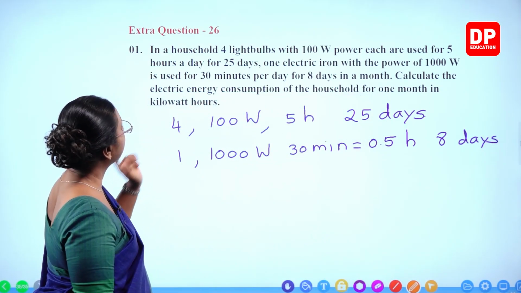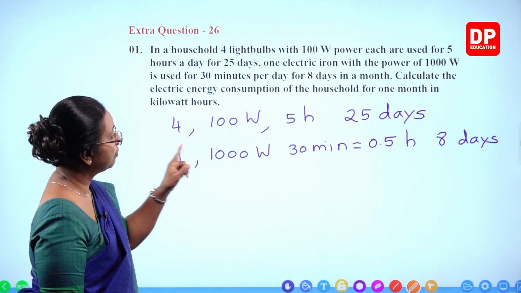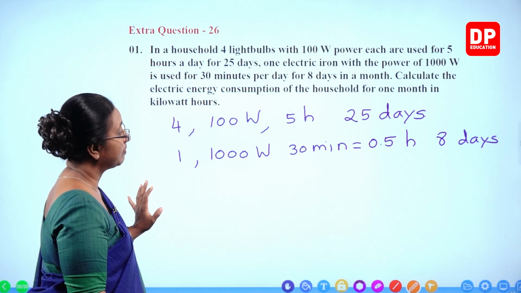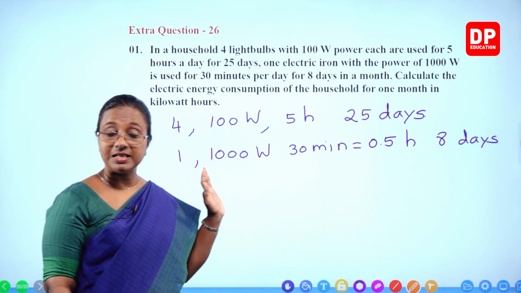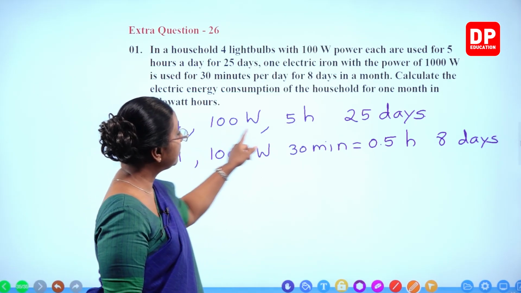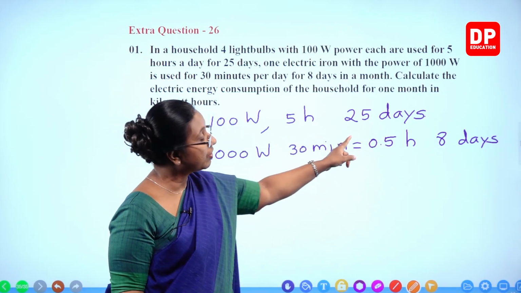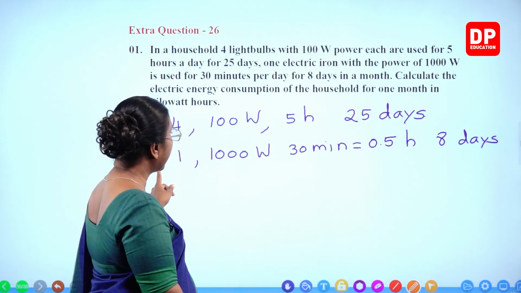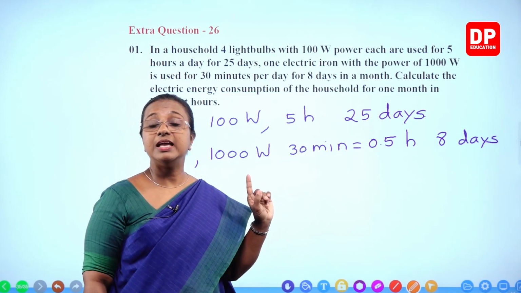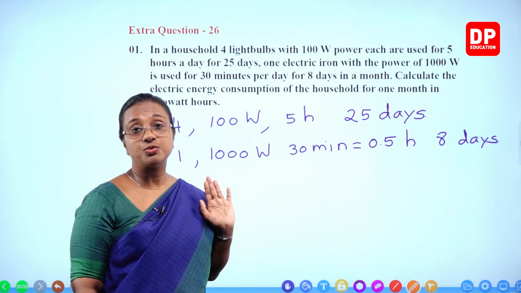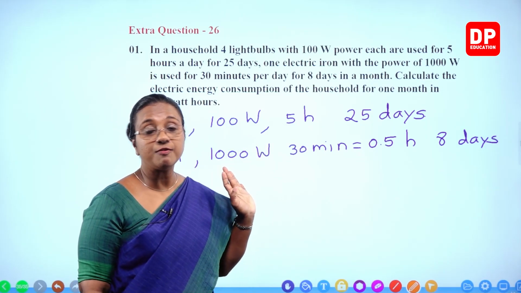Calculate the electric energy consumption of the household for 1 month in kilowatt hours. Now here you have to remember, students, we don't multiply by 30 because they have given us the number of days. Now these particular bulbs are used for 25 days and the iron is only used for 8 days. So you need to multiply by the respective number of days only.